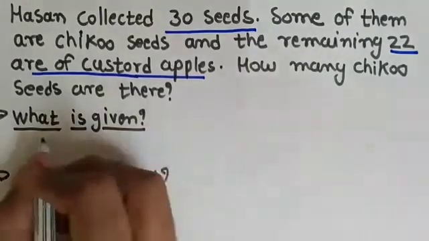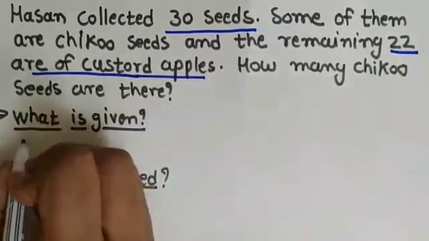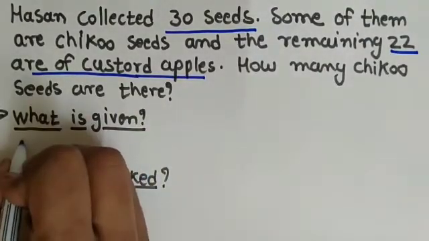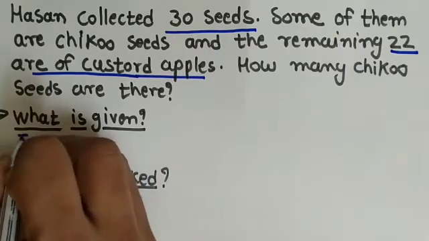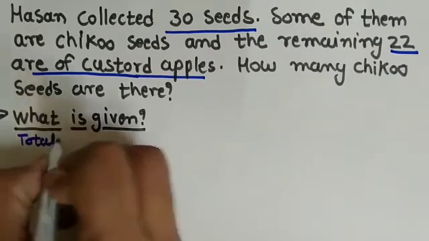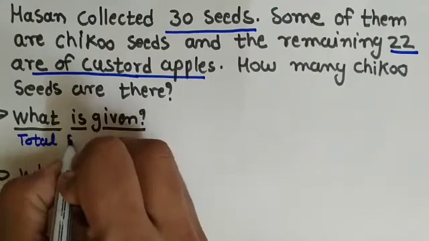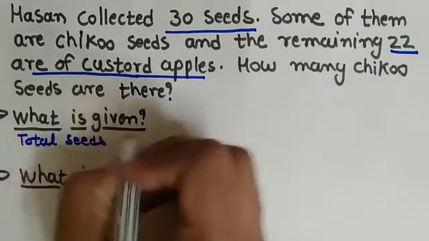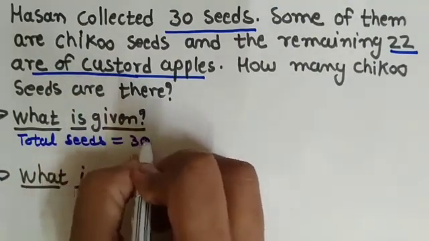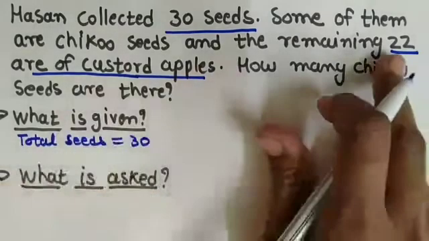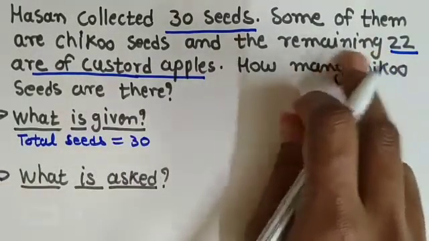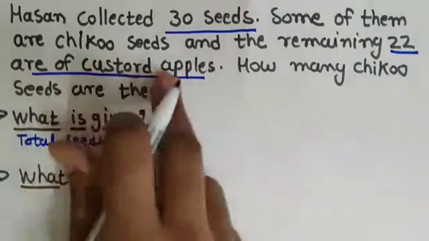So first we have to write what is given. So what is given, children? Total number of seeds equal to 30 and remaining 22 are custard apples.